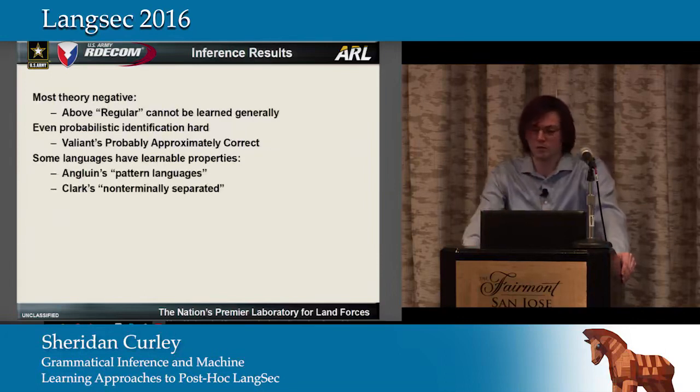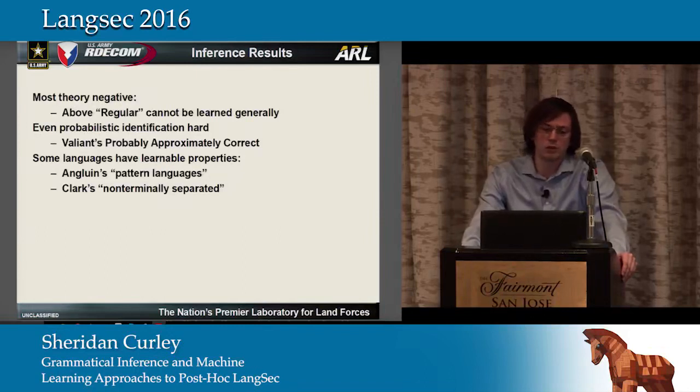And as it turns out, in the realm of theoretical grammatical inference, the answer is mostly no. Unless you're at regular or below, you basically cannot create a general learner. And even in the case of regular, you need something like a complete presentation, which means that you have both a list of words that are in the language and also a list of words that are not in the language.